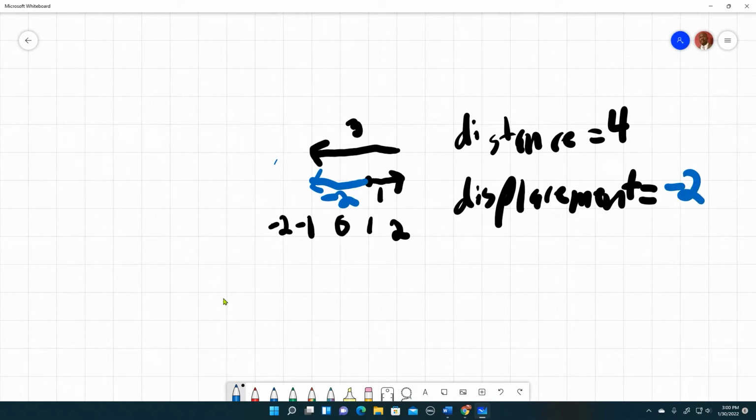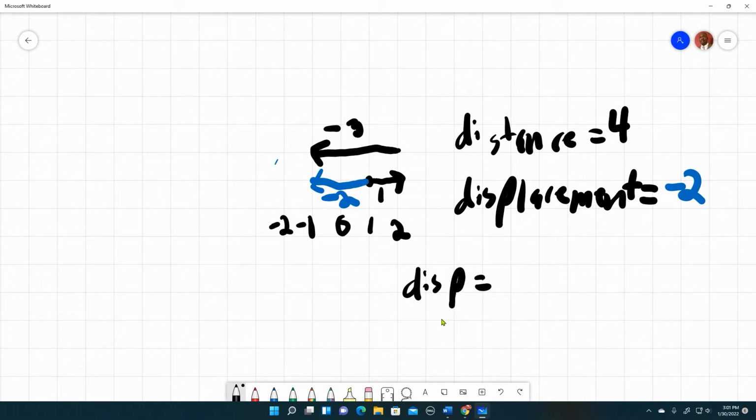Now, another way to think of the distance and the displacement is to think of the signs of how you traveled. So technically, when we move 3 units to the left, that's in the negative direction. So looking at displacement first, if we just add these values, the displacement would be 1 plus -3, giving us -2.